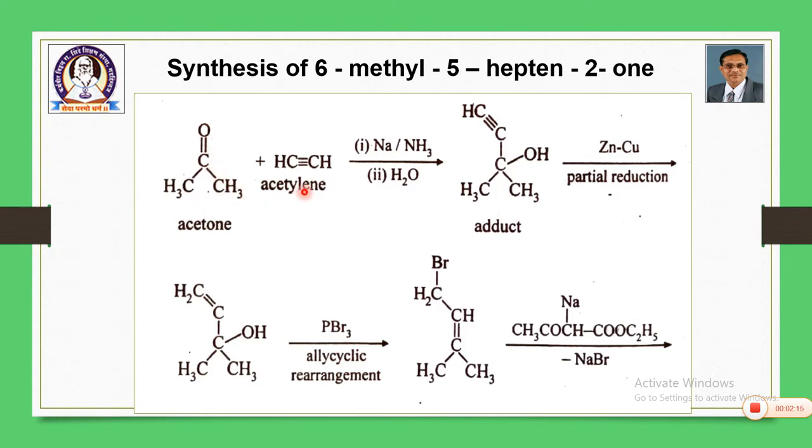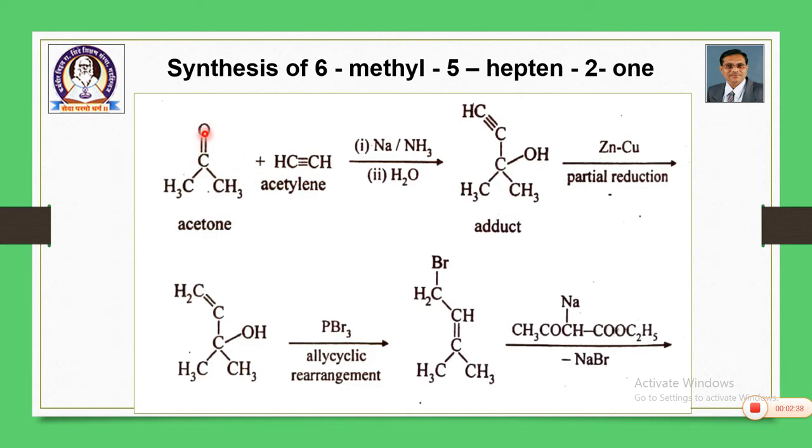CH3COCH3. Then the second substrate is acetylene, CH triple bond CH. In presence of NaNH2 and in aqueous medium, these two undergo addition reaction and the addition product is CH3 as it is.